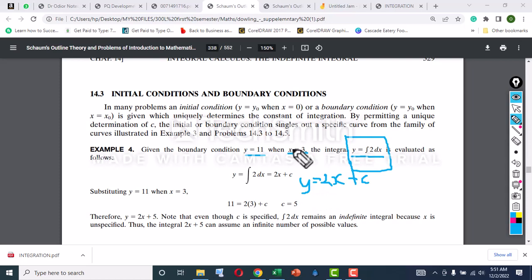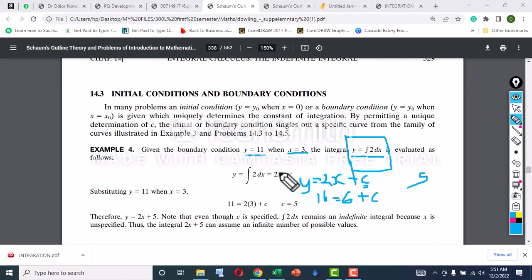So replace your y with 11 and your x with 3, and you can see that it's only c that is unknown now. So 11 equals 2 times 3, that's 6 plus c. What will you add to 6 that will give you 11? Or just bring 6 over, it becomes 11 minus 6, which is 5. So our c is 5.